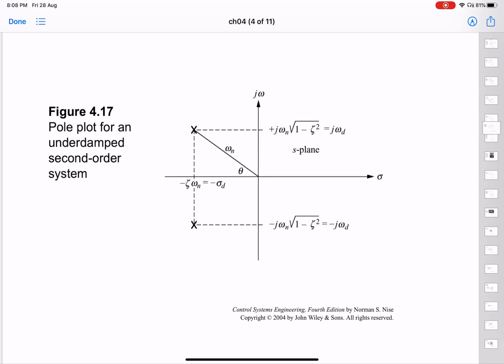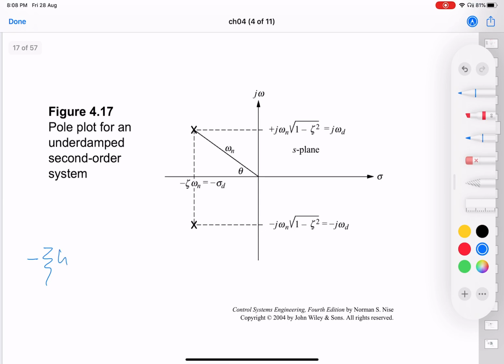If you see the pole locations, the pole plot for an underdamped second order system, you see that it is minus zeta omega n plus minus j omega n under root of 1 minus zeta square. It is very helpful to remember these pole locations. So this is minus zeta omega n plus minus j omega d.